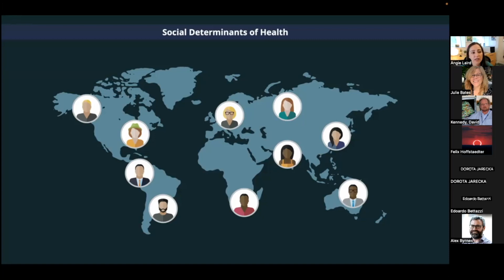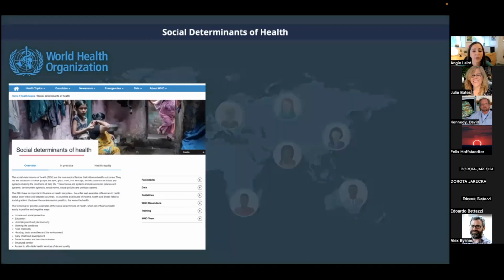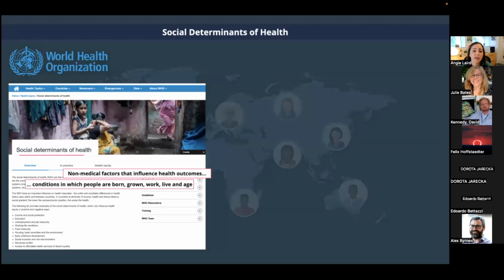But what I want to emphasize today is what we're really interested in are the social determinants of health. The World Health Organization defines the social determinants of health to be the non-medical factors that influence health outcomes, including the conditions in which people are born, grow, work, live, and age, and the wider set of forces and systems shaping the conditions of daily life that have an important influence on health inequities.